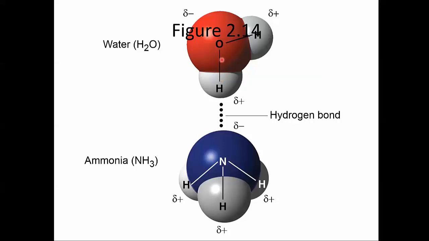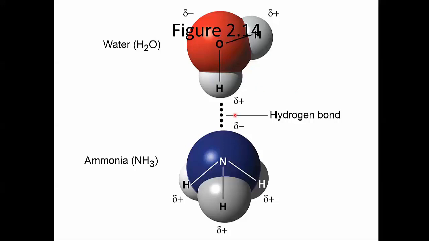Oxygen borrows the electrons from hydrogen more frequently than it shares them. That gives oxygen a partial negative charge, which is what this symbol means. It's partially negative, and that makes hydrogen partially positive because its electrons are gone more often. And so it's a weak charge.